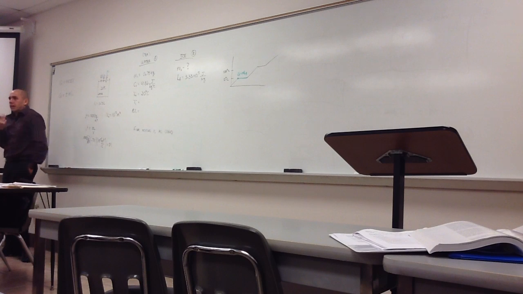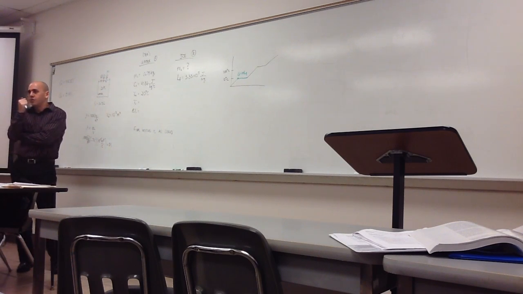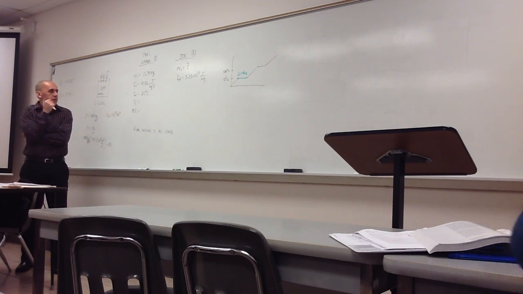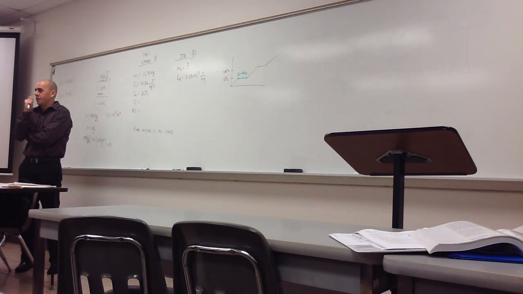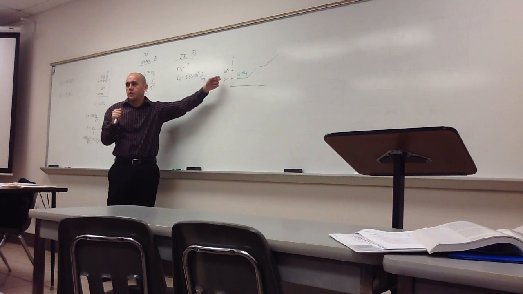We want the coldest possible T. Any ideas what that would be? If it's as cold as possible, we could be down as low as what? Just above freezing, like just above 0, or basically at 0.